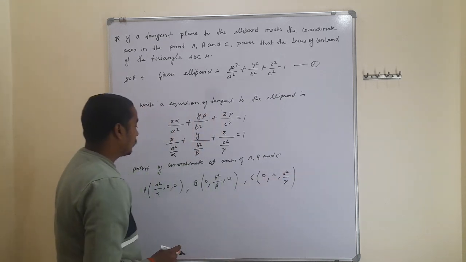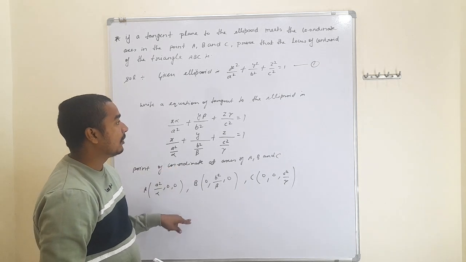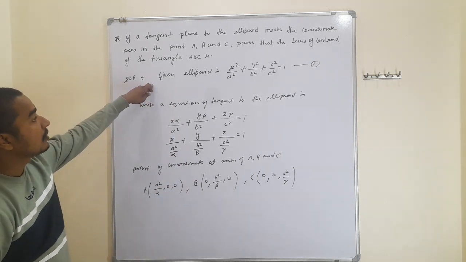These are the points on the coordinate axes of the tangent plane, and we have to find the centroid of the triangle.